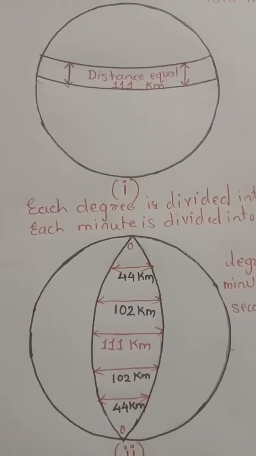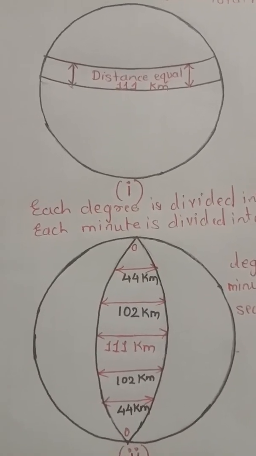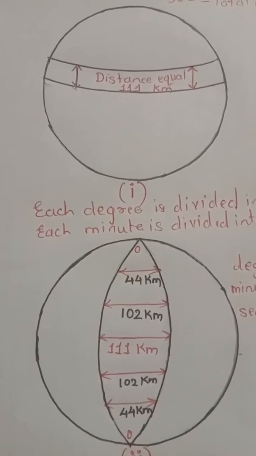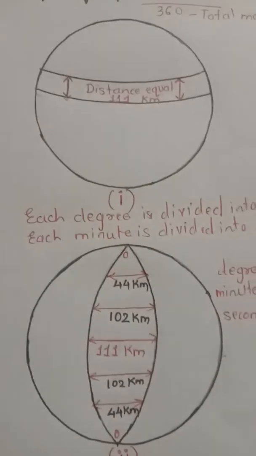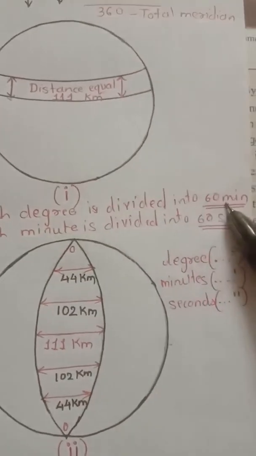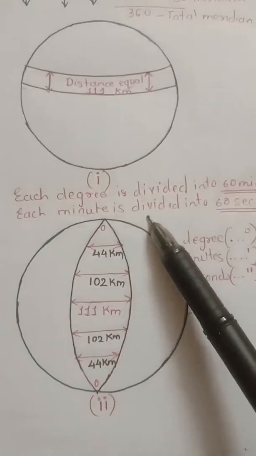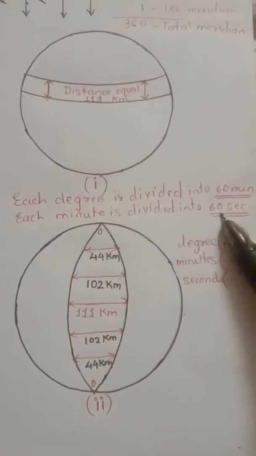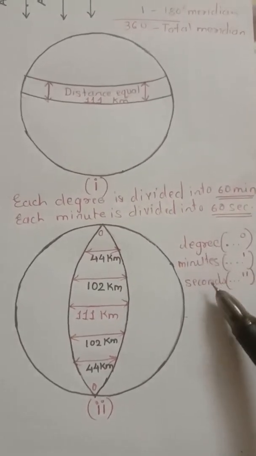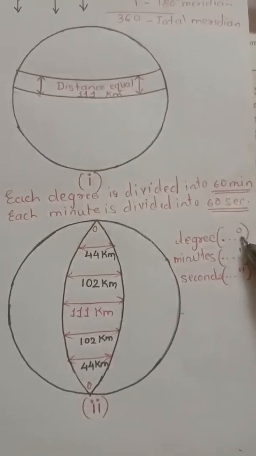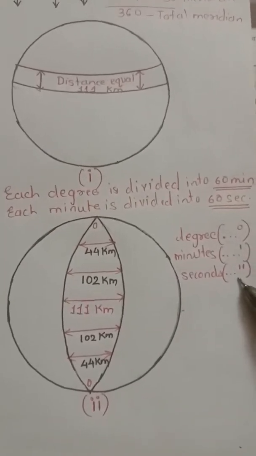So latitudes and longitudes are also expressed in degrees, minutes and seconds. Each degree is divided into 60 minutes and each minute is divided into 60 seconds, and the values of degrees, minutes and seconds are expressed in these particular symbols.